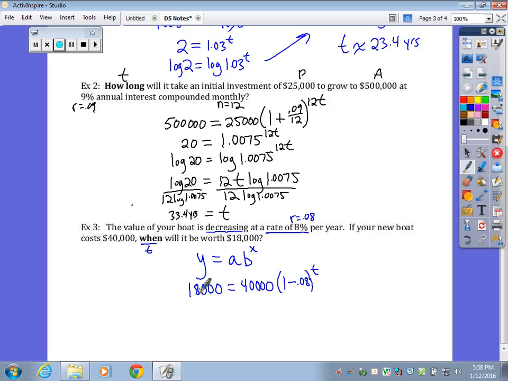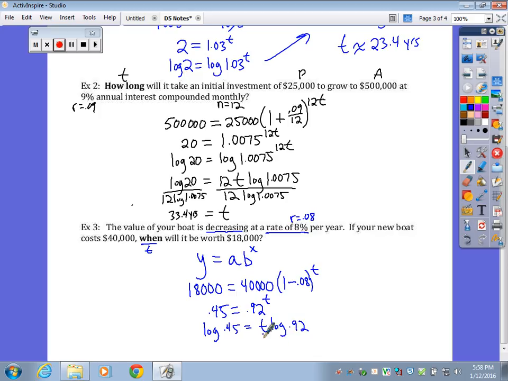So 18,000 divided by 40,000 is 0.45. 1 take away 0.08 is 0.92 to the T. Log both sides. T comes down into the front.